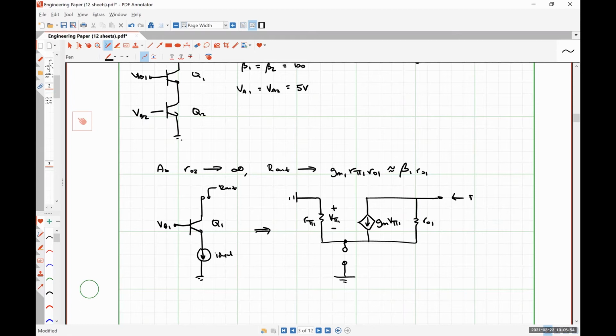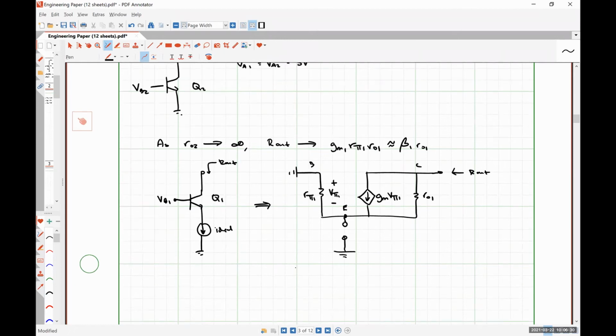We're measuring R out by looking into the collector terminal, right? Because we have an open circuit here, if we applied our test voltage source, our test current is required to flow through that input impedance. So that is the limiting factor here. The presence of a non-infinite input impedance is what puts a finite value on our output impedance. So it's an interesting relationship there.